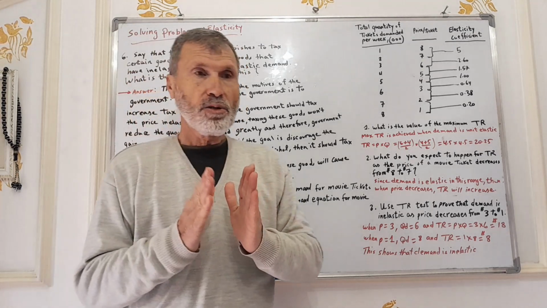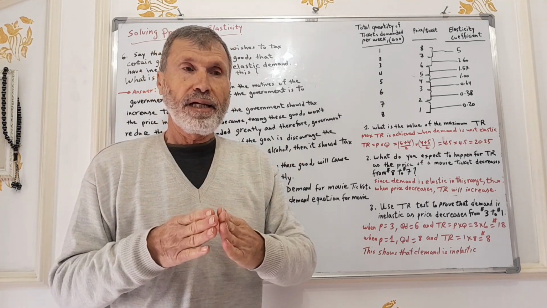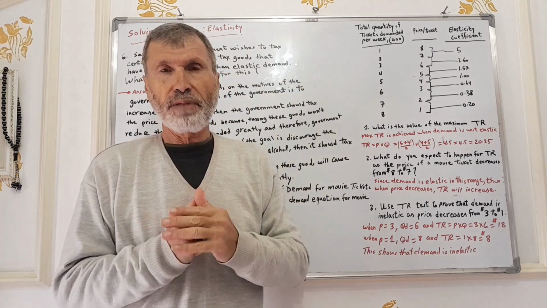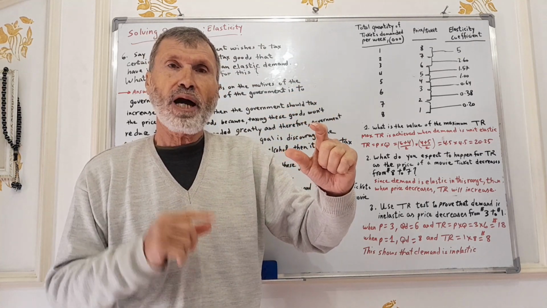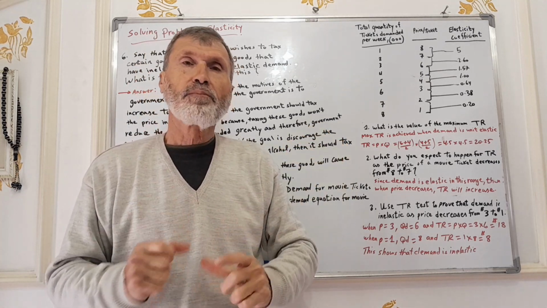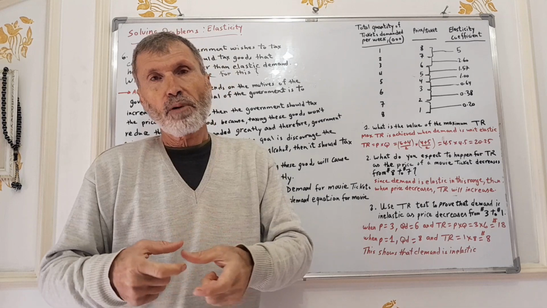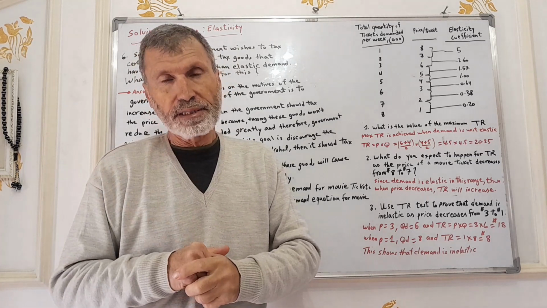Therefore, as you know, in the elastic portion of the demand curve, when a price decreases, total revenue will increase. And in the inelastic portion of the demand curve, when a price decreases, total revenue will decrease.